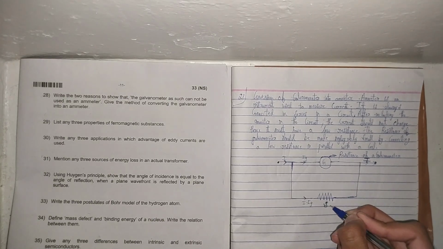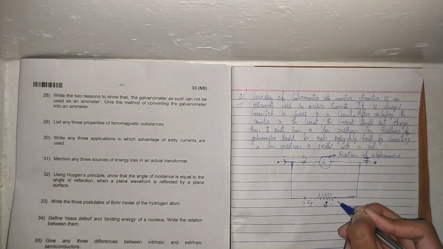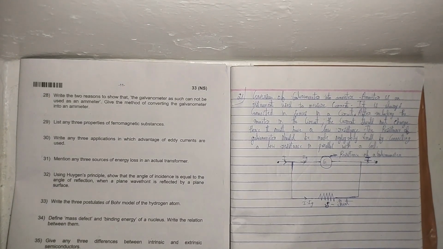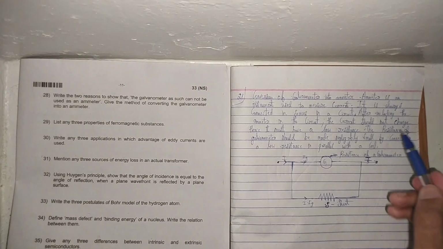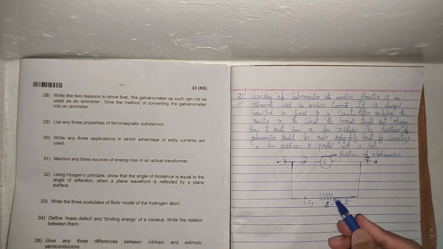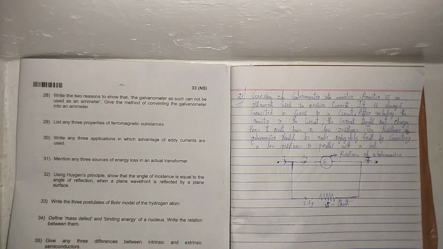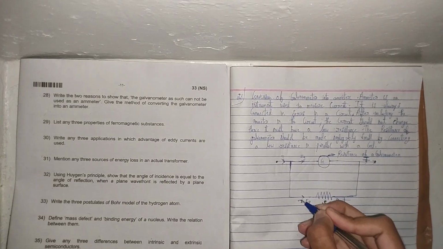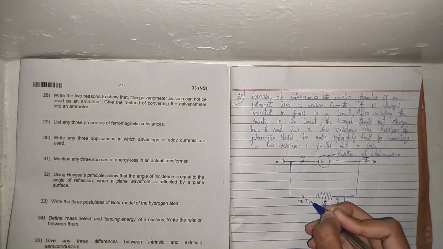The S that we have mentioned here is the shunt resistance, a low resistance that is connected in parallel with the coil. As we said, the resistance of a galvanometer should be made negligible, small, by connecting a low resistance in parallel with the coil. So this is the resistance that we have connected here. Next, I minus Ig.